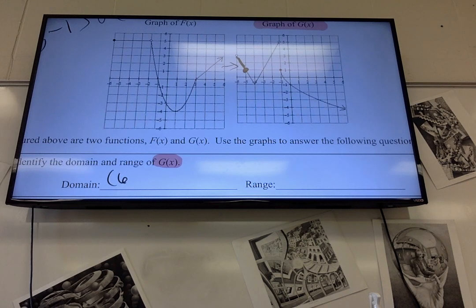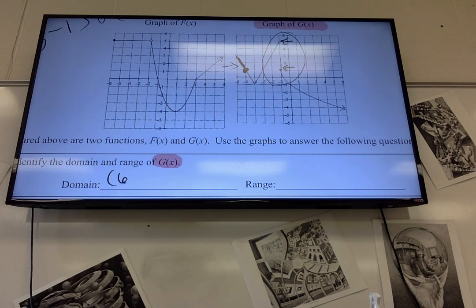Okay, I understand the -1. It's right there. But if we look at the -1, on this graph somewhere, does it include -1? No. It doesn't up here. Does it here?